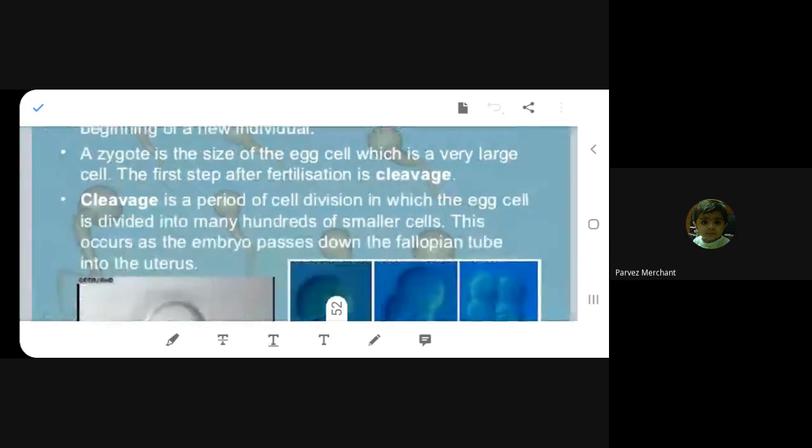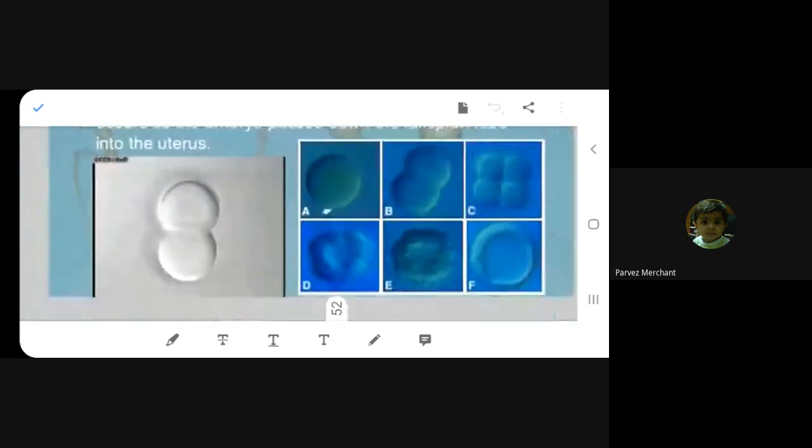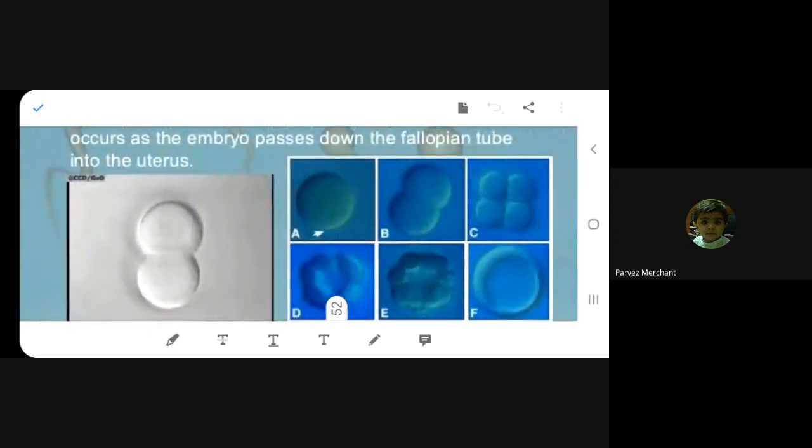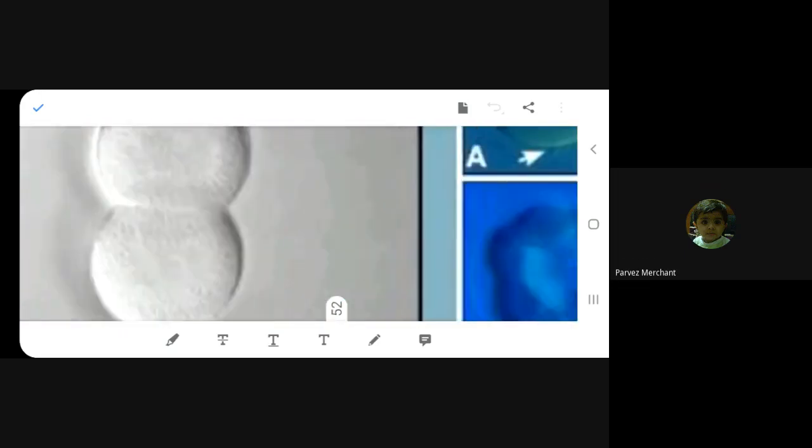See over here. This is the fusion of nuclei on the left-hand side. One nucleus is female and the other one is male. Can you see the fusion?